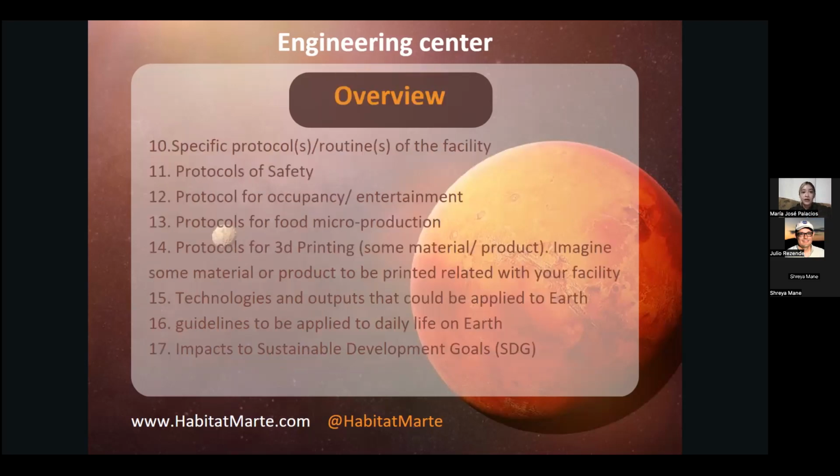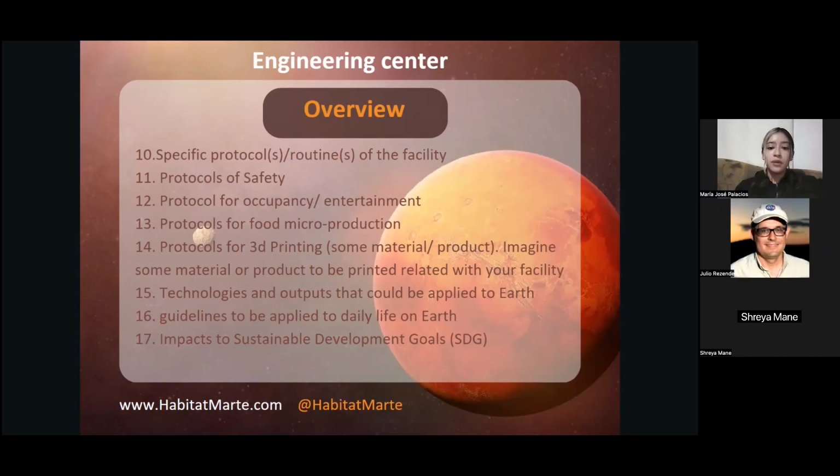Other topics are specific protocols or routines of the facility, protocols of safety, protocols for occupancy, entertainment, protocols for food microproduction, protocols for 3D printing, some material products, technologies and outputs that could be applied to Earth, guidelines to be applied to daily life on Earth, and the last topic is impacts to Sustainable Development Goals, SDG.